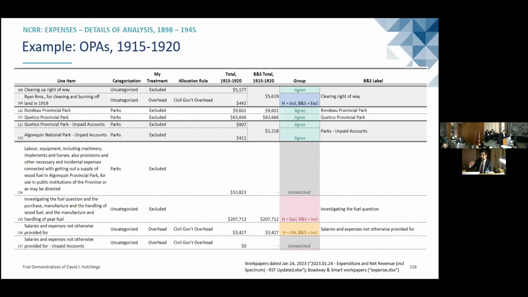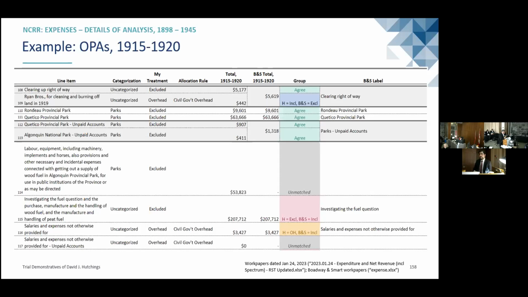Over the page, smaller tickets, but lines 110, 111, 112 and 113, again, all relate to parks. And Professors Bodway and Smart and I agree that those aren't relevant for purposes of calculating net Crown resource revenue.